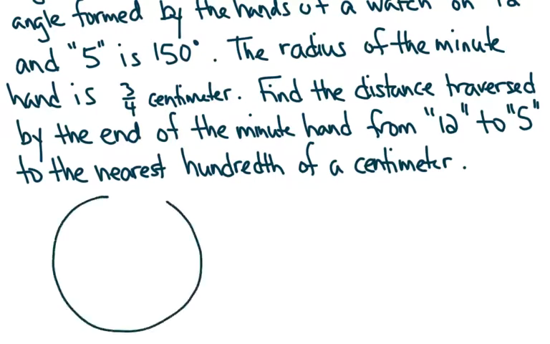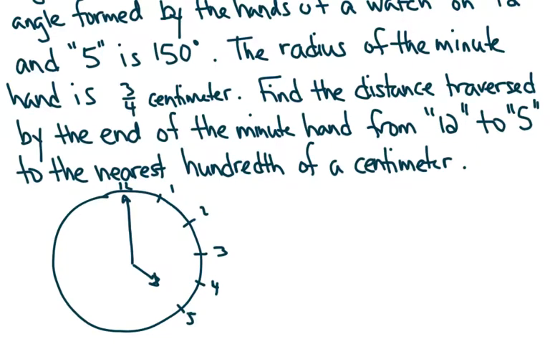So if you think about this, here's a watch, and here would be the big hand, the minute hand, and then there's the small hour hand, and there's your 12. 3 would be here, so it looks like this. So 4, probably I didn't put 5 in a good place, but like right there.